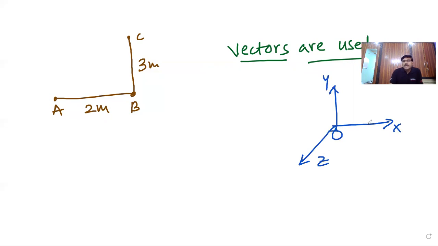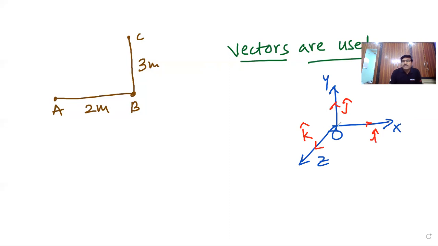The unit vector along the x-axis is i cap, along the y-axis j cap, and along the z-axis k cap. Clear? These are all on the positive side. The positive side of the x-axis is i cap.